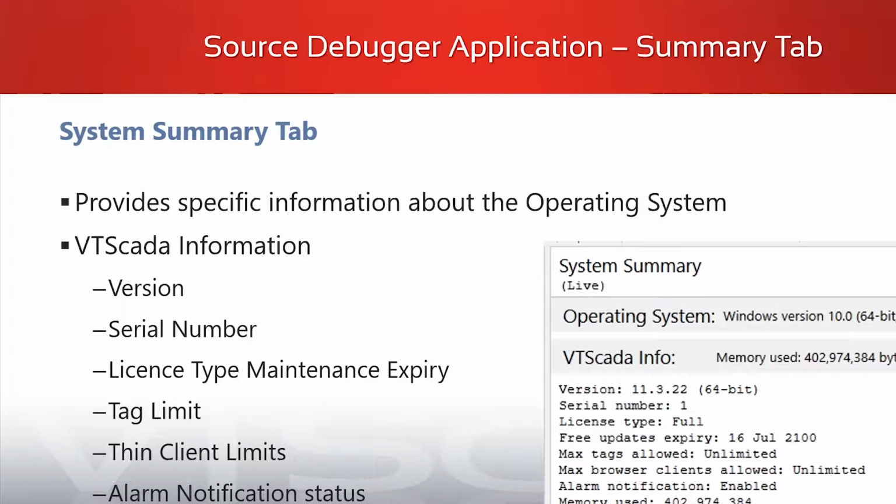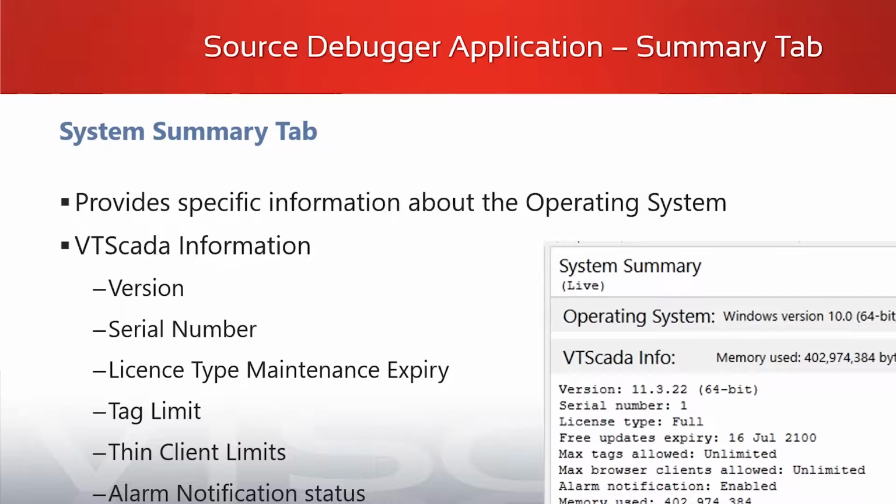We're going to look at memory leaks and memory leak detection shortly, but looking at this over a period of time will give you some indication of just how much VTScada is using. Then we have different details about the version of VTScada in use at this point in time: the version, whether it's 64 or 32-bit, and what serial number it is. I'm running serial number 1.